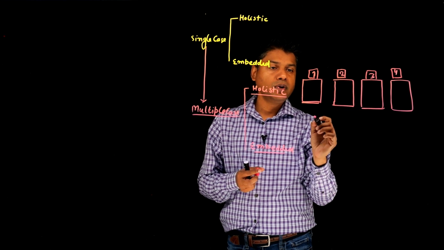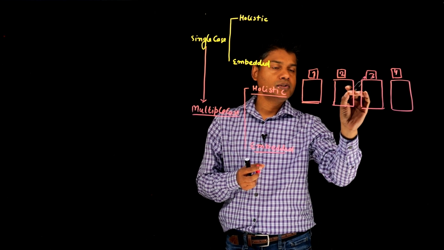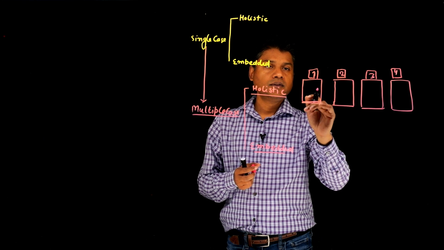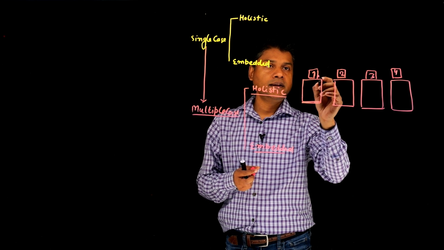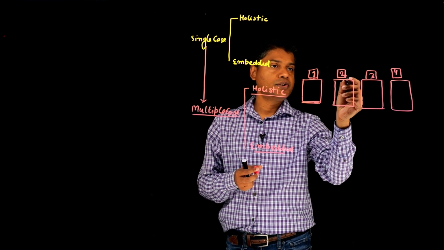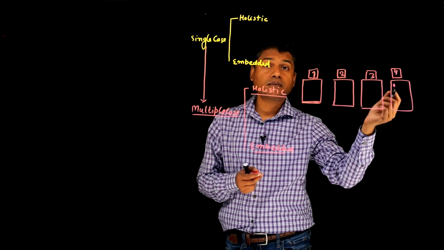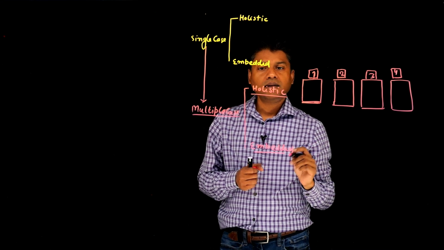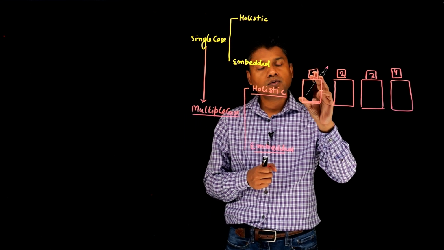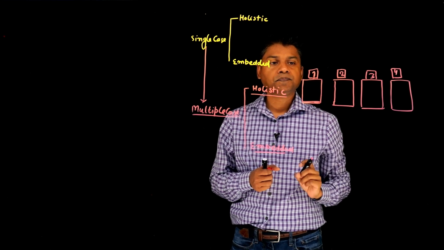So what I'm doing is multiple cases. So case 1 is, let's say, district 1, district 2, district 3, district 4. And then, as you could see, you go deeper into this holistically in one case.